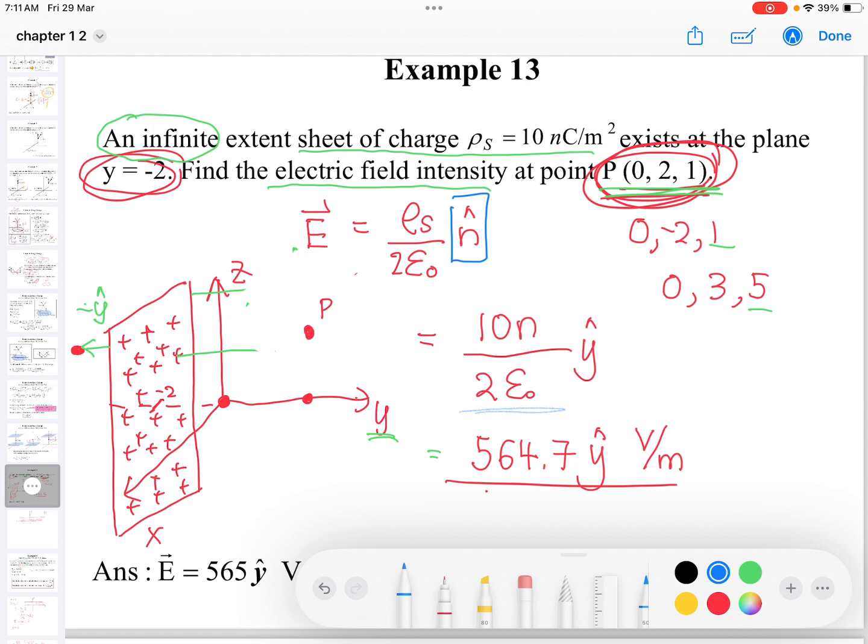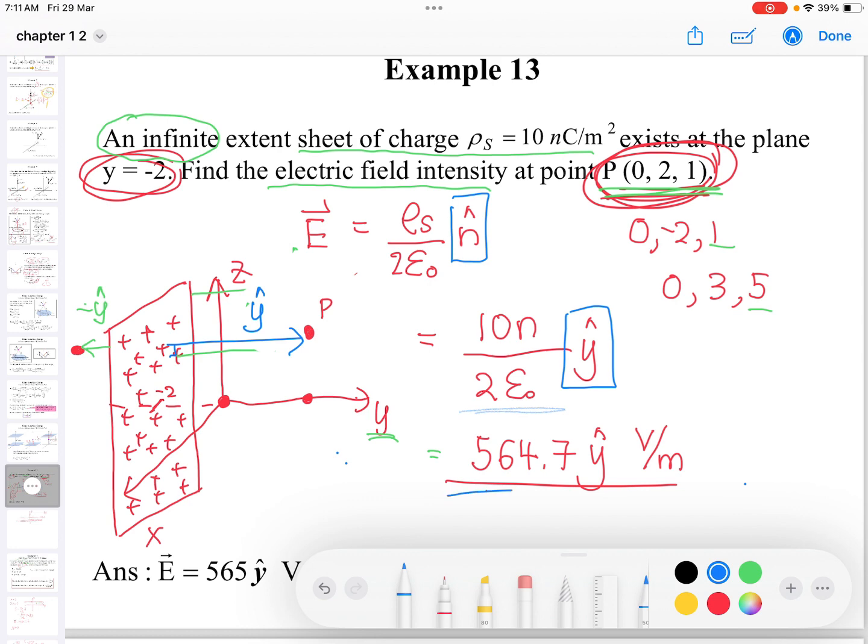Unit vector n is a vector pointing from the plane towards the observation point. I repeat, it points from the plane towards the observation point. This one is 90 degrees. You can see that this blue arrow is in the y direction, so here it will be y.